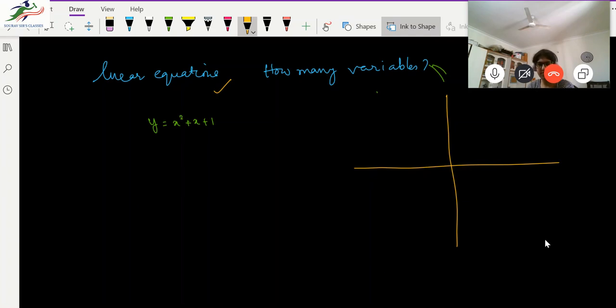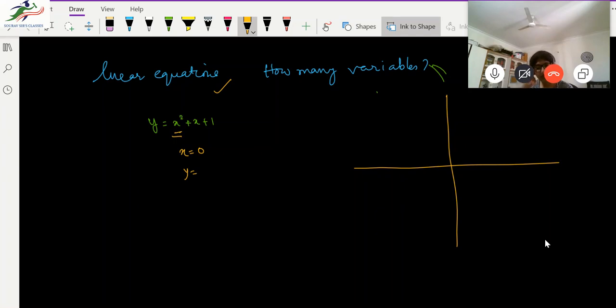It will be a straight line. Never square. So as I said, always put x equal to 0 first, whatever graph is given. So if x is equal to 0, y is how much?